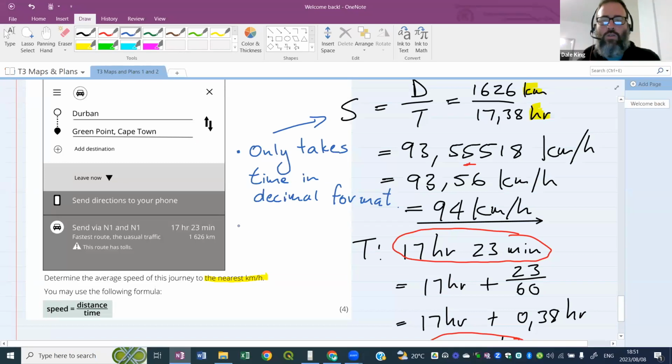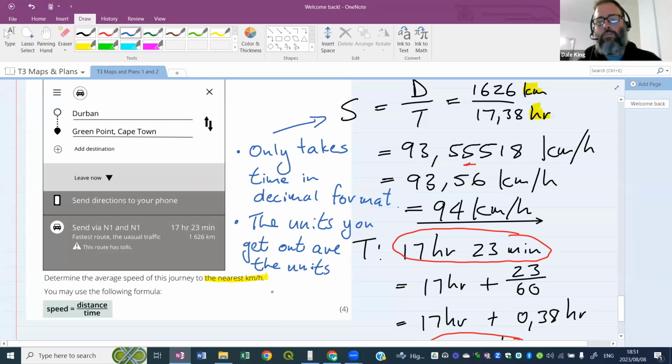All right. The second thing you need to note down for this formula, besides the fact that it only takes time in decimal format, is that the units you get out are the units you put in. If you put in kilometers and hours, you're going to get out kilometers per hour.